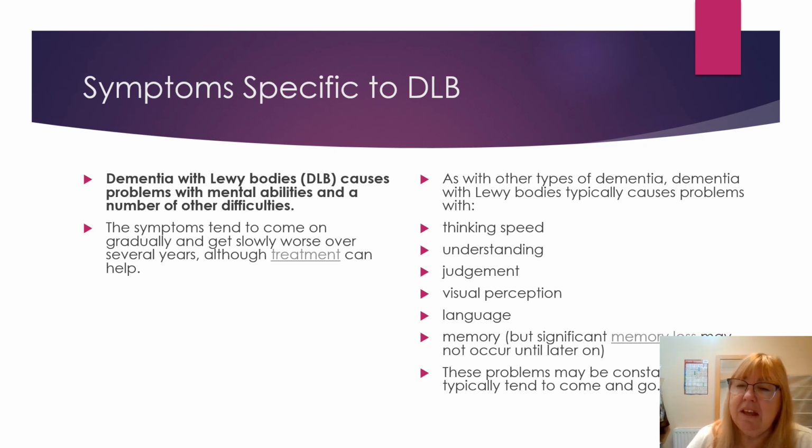And the thing with Lewy body is you can either start to have these problems consistently, but unusually with Lewy bodies, they can come and go. So they can have good months and bad months, or good weeks and bad weeks, where some of these things are there and then they're a bit better the next week, but then they're not so good again afterwards. And that's a little bit different. So that's something worth a mention as well.